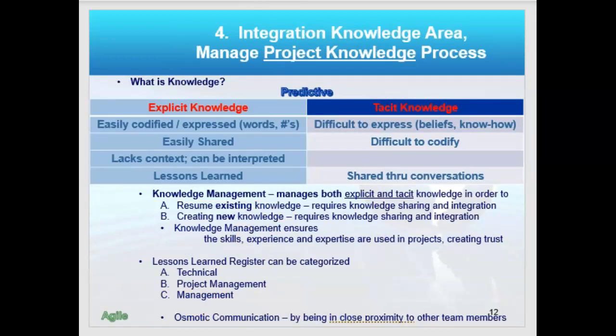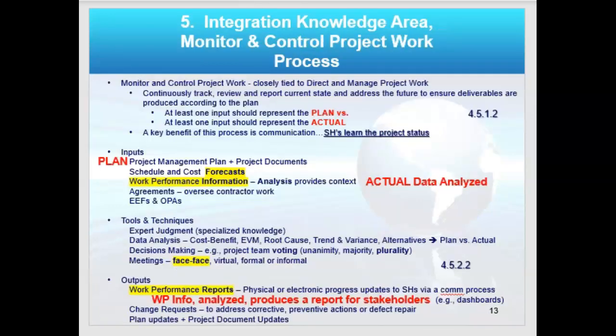Here's a slide that summarizes explicit and tacit knowledge for you. You can read it for yourself, fairly self-explanatory. Notice though at the bottom that in Agile, communication is known as osmotic, right? Osmotic communication. It's just by being in close proximity with the other team members that by osmosis that knowledge gets shared. This is largely a predictive approach otherwise.